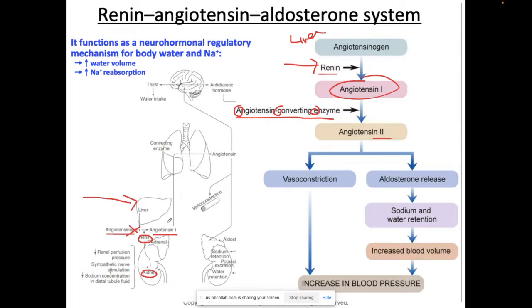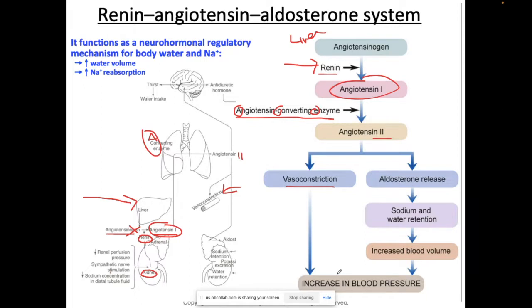So here's the angiotensin 1 being converted into angiotensin 2 because of angiotensin converting enzyme, which is ACE. Angiotensin 2 is going to vasoconstrict blood vessels.